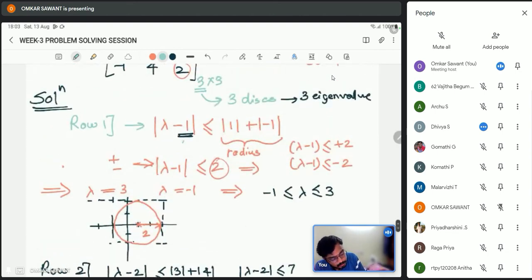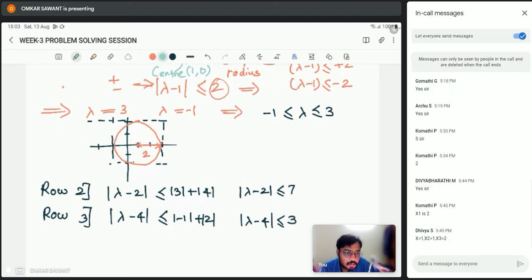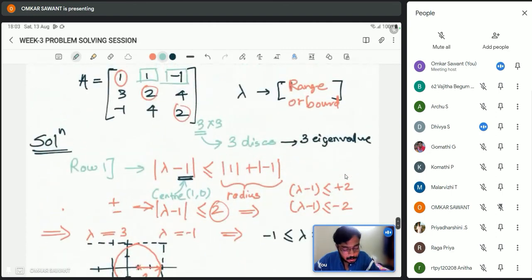This is your center, right? Center is 1 comma 0 for this. So what will be the center for this? Anyone? Center of the circle, okay, values are all real, right?